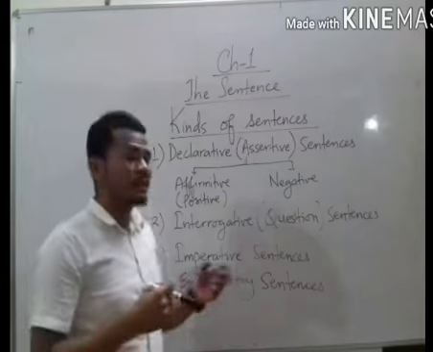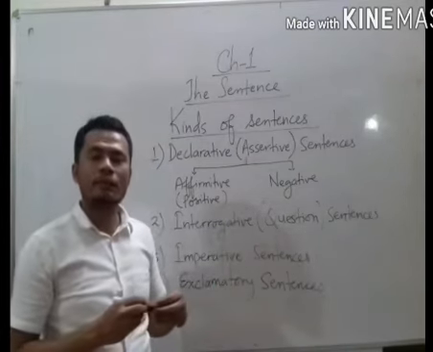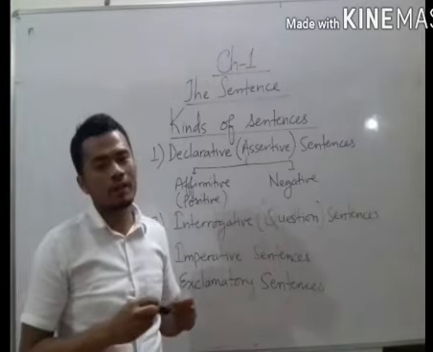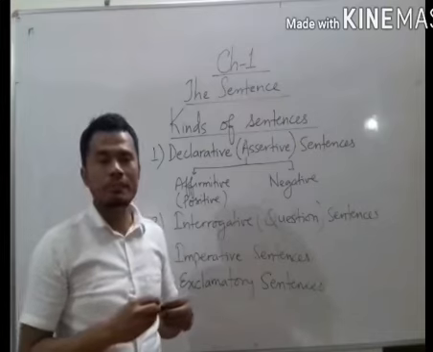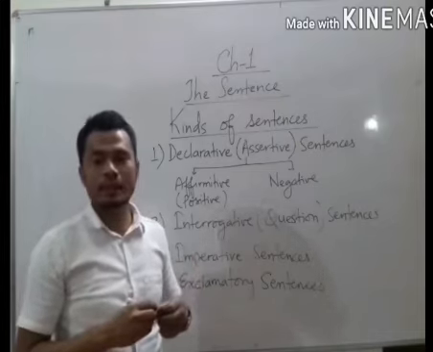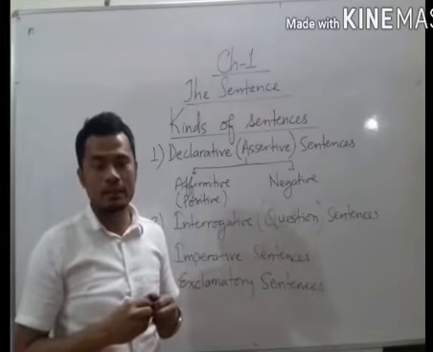An exclamatory sentence is framed by using WH words or interjections. For example, wow, what a beautiful painting, or how beautiful your dress is.